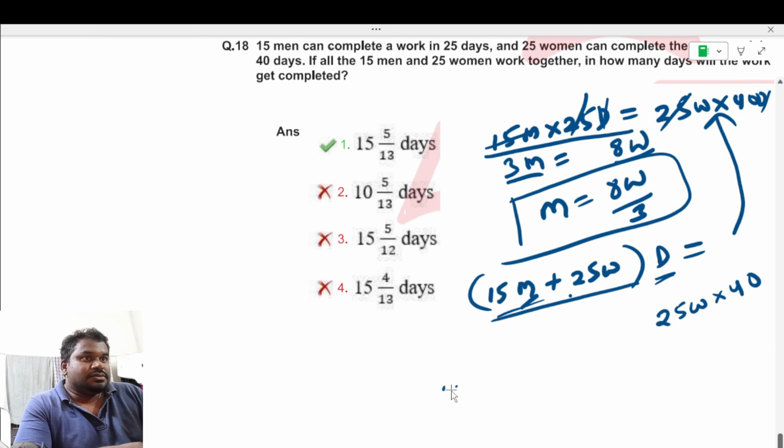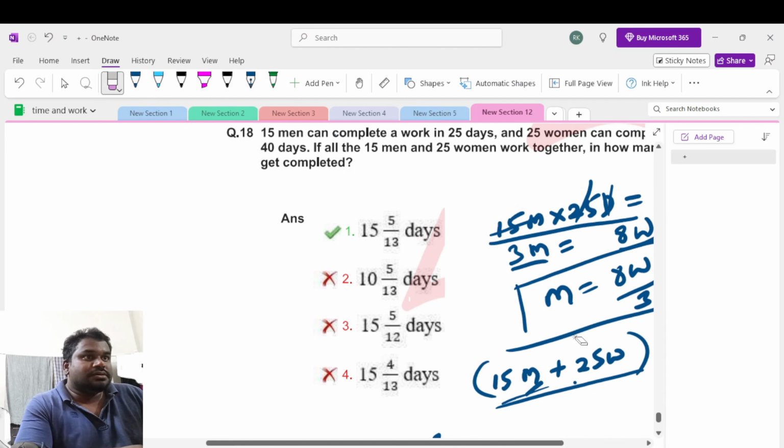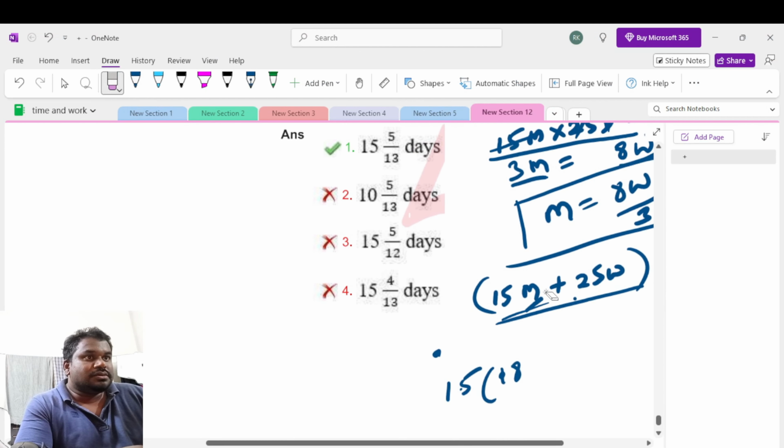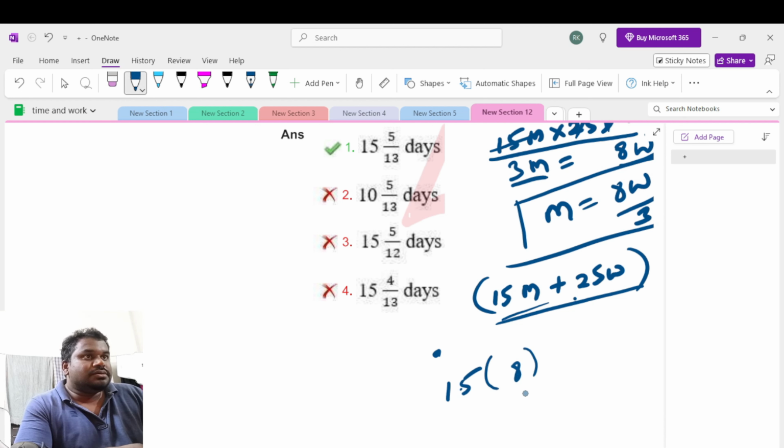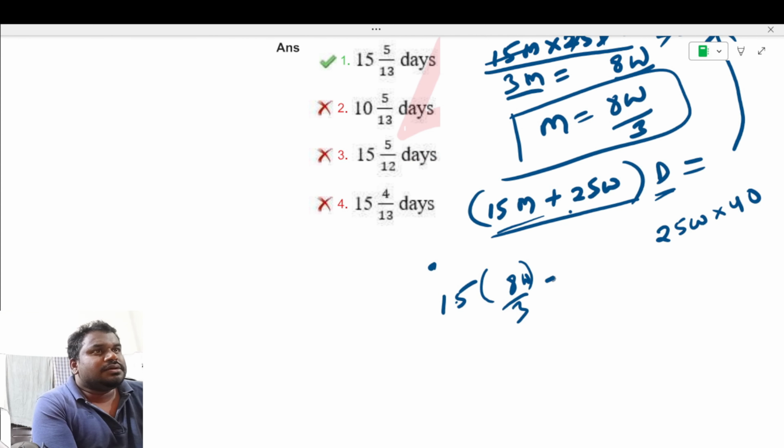So now 15 into 8 by 3, 8 women by 3, plus 25 women.